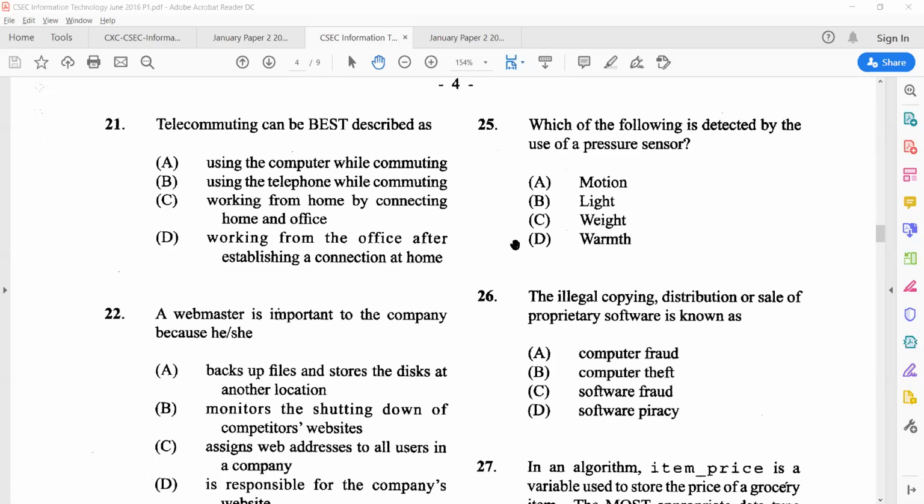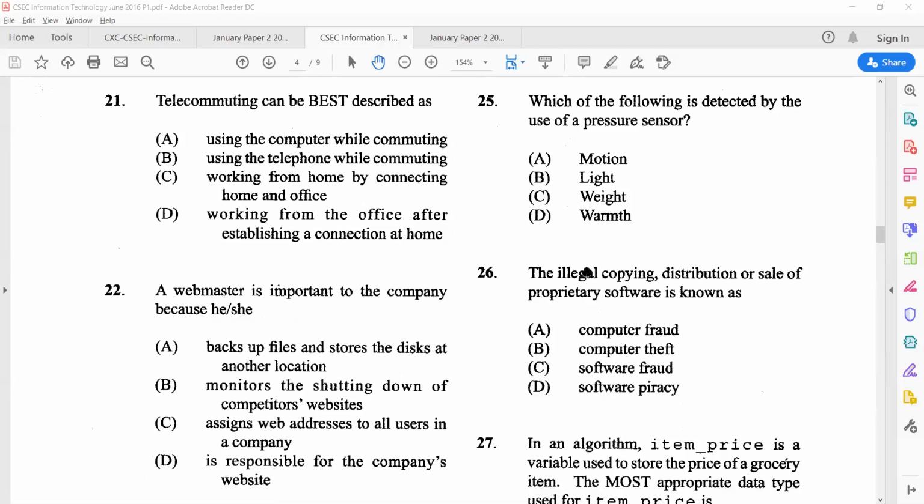So I guess then no to C also. Right, okay, so pressure. A pressure sensor is used if you want to detect something like weight. So the answer is C, weight, pressure sensor.